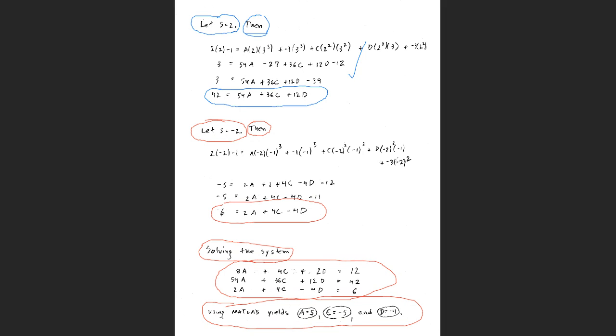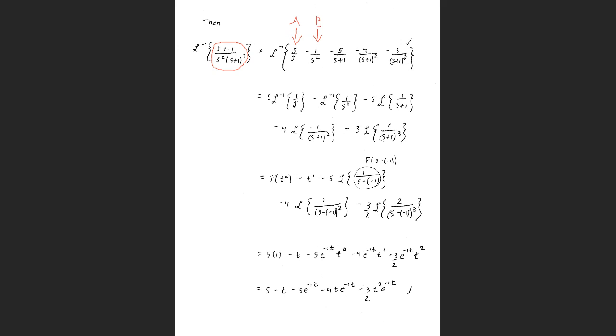Excellent, Matthew. Well now then, to finish it up, we rewrite the rational expression 2s minus 1 divided by the denominator s squared plus s plus 1 cubed in terms of our partial fraction expansion.